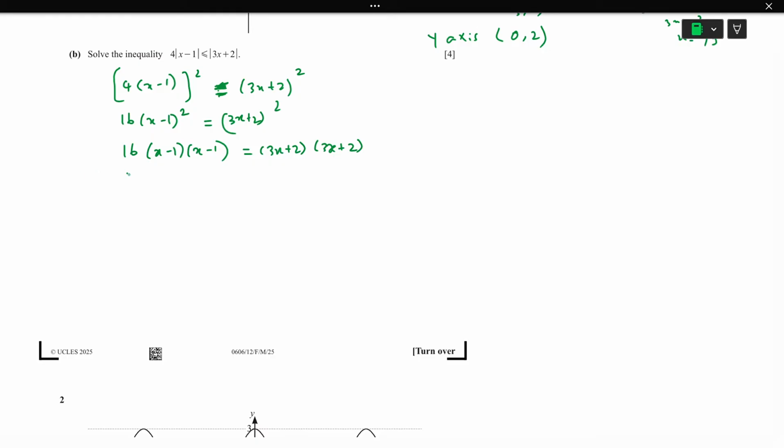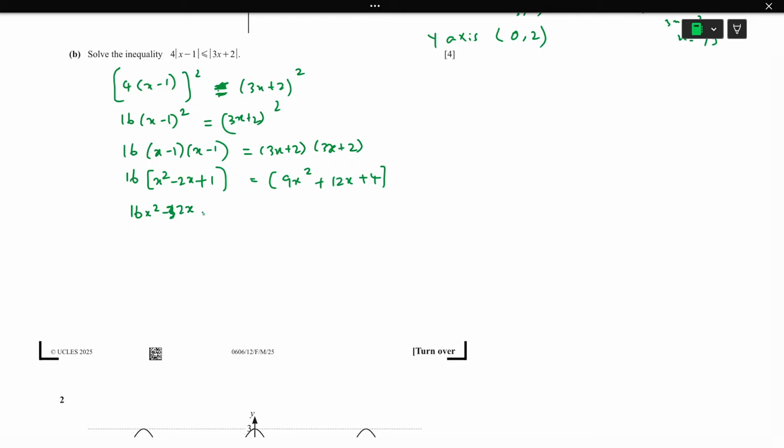Expanding, we get x squared minus 2x plus 1, and expanding the right side, 9x squared plus 12x plus 4. On the left side, 16x squared minus 32x.